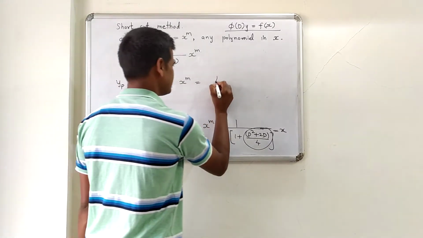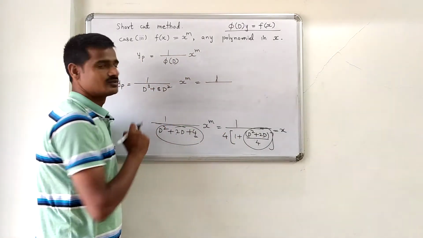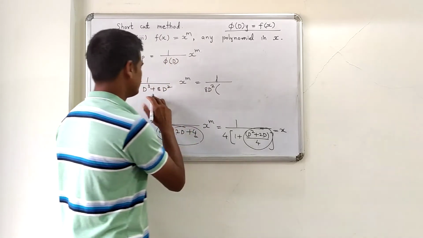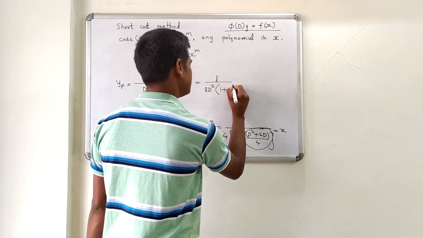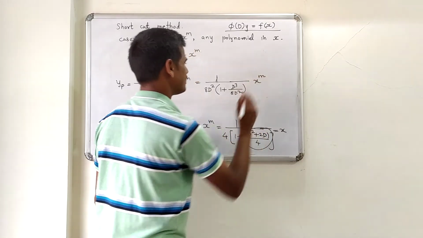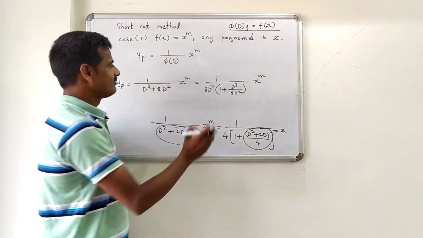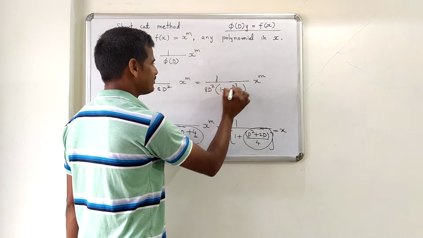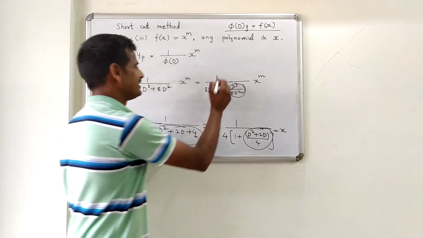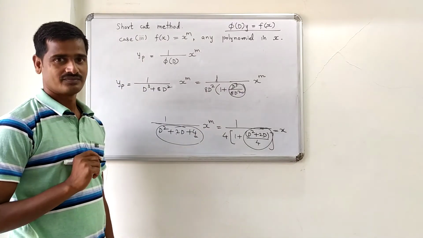So in this case, you look at the lowest degree term in this expression and take it common. So 1 upon 8D square into bracket 1 plus D cube upon 8D square operated on x raised to power m. And then we will write 1 upon 1 plus this x as 1 minus x and so on. We will write the expansion for this.